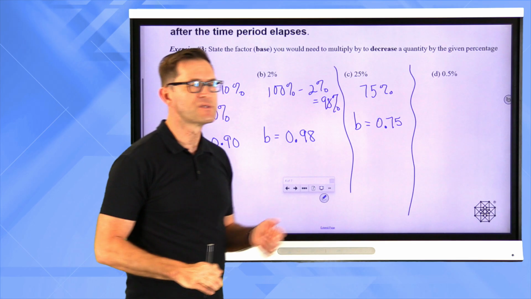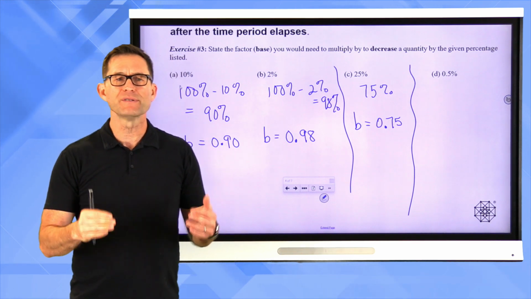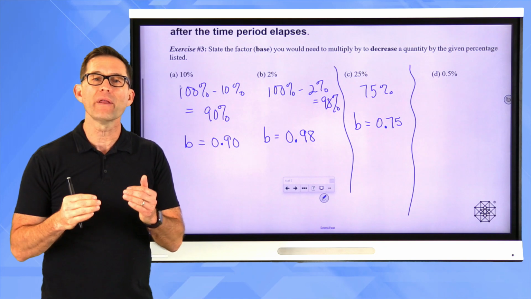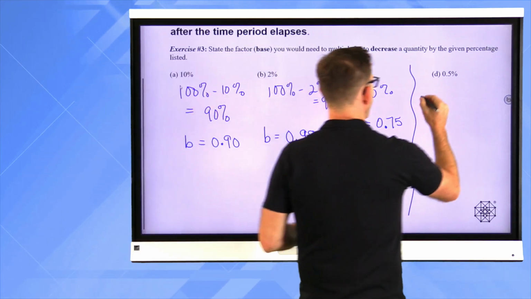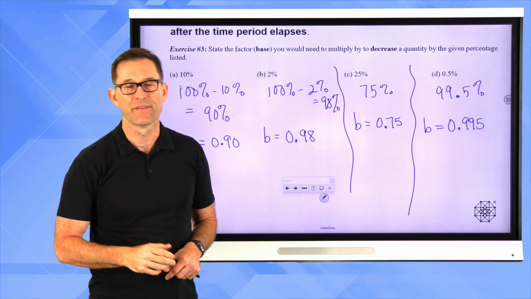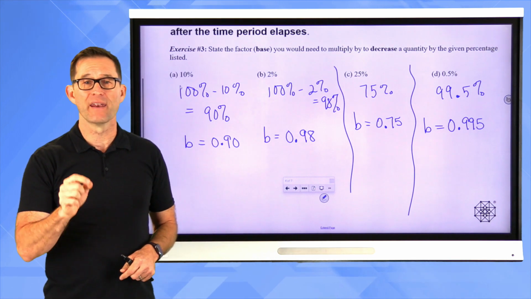Now this might be the most difficult, right? If I'm decreasing something by 0.5%, then what I'm going to have left over is going to be 99.5%, which means the base is going to be 0.995. That's what I'm going to want to multiply by again and again.